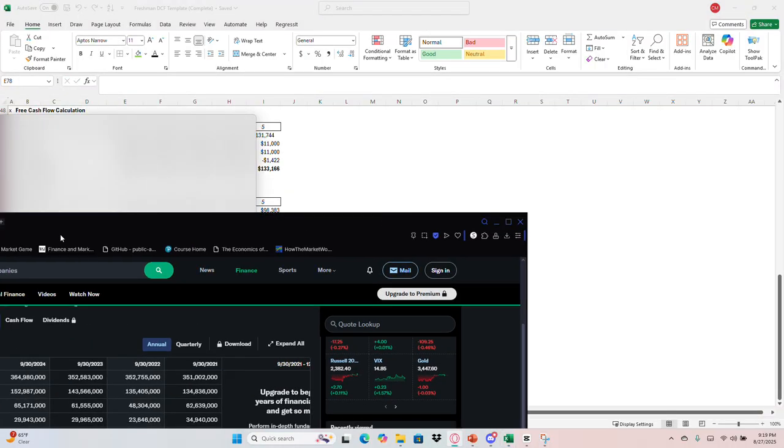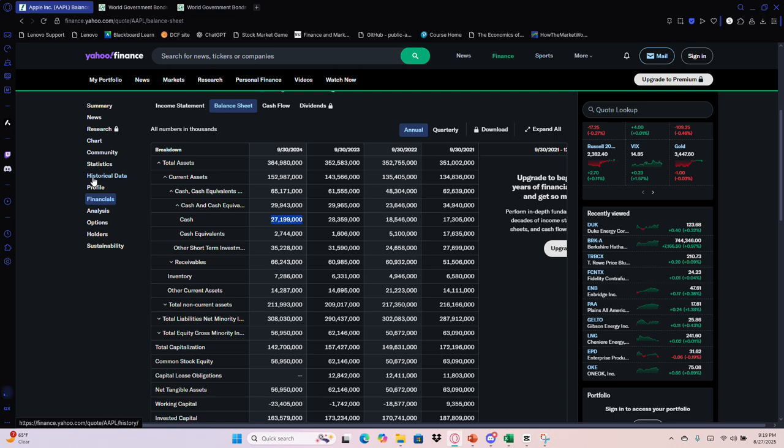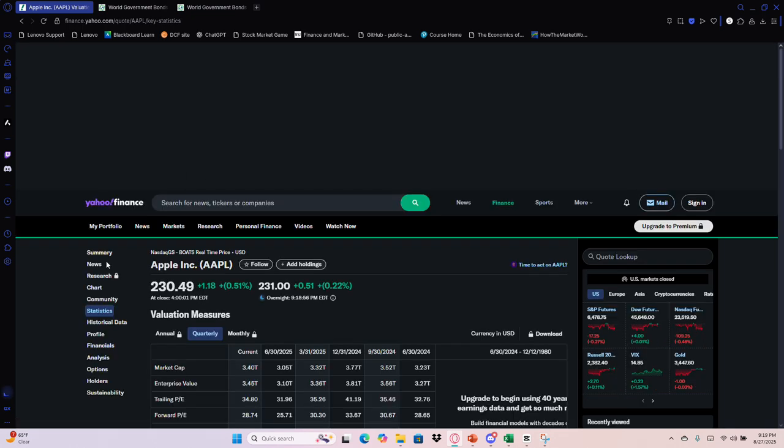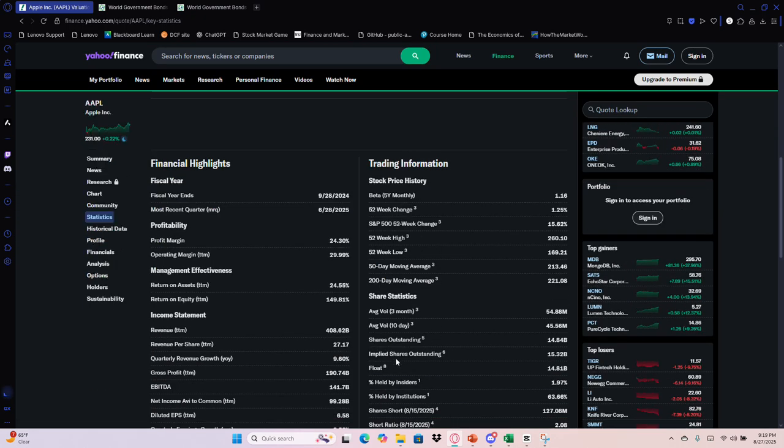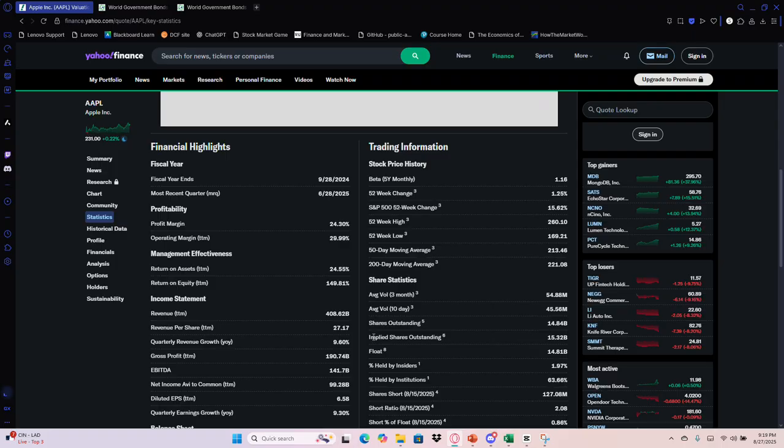Now, where do you find shares outstanding? You find shares outstanding in the statistics tab. And we're going to want to use implied shares outstanding. You don't want to use just regular shares outstanding because it does not include convertible bonds that are in the money or options that are in the money.